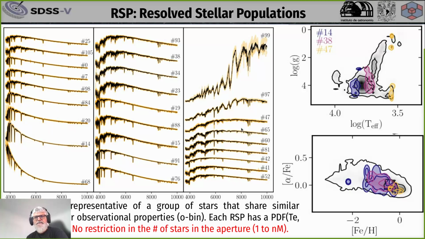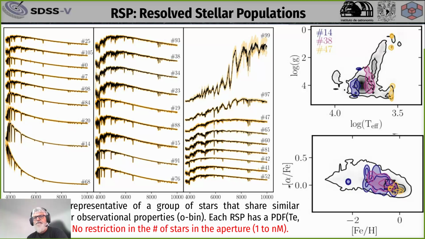This is representative of a young stellar population, and somewhat more metal poor. This is 14, and it corresponds to this PDF here. The range of temperature is quite narrow, but the range of gravities is much larger, and the distribution of metallicity versus alpha enhancement is quite wide.